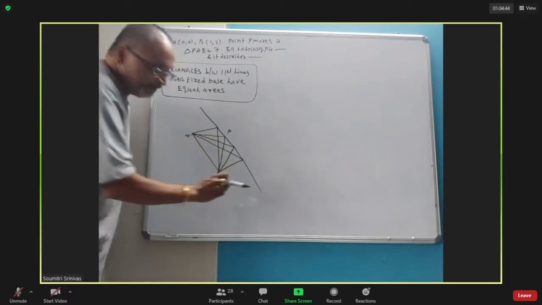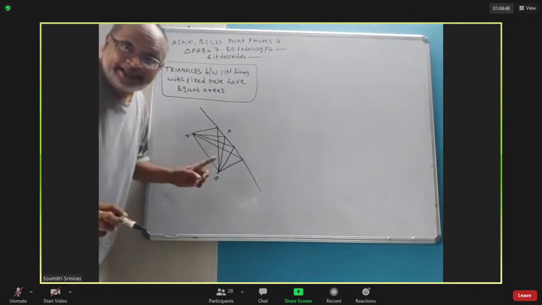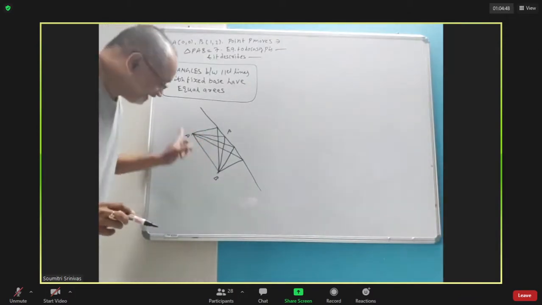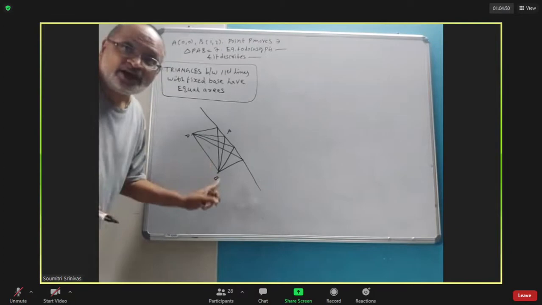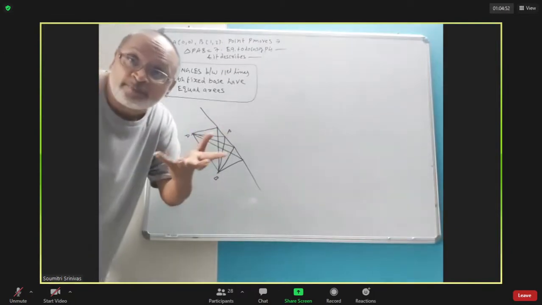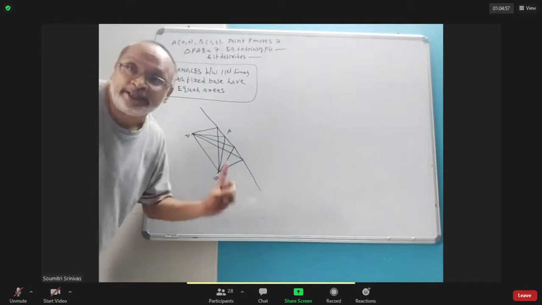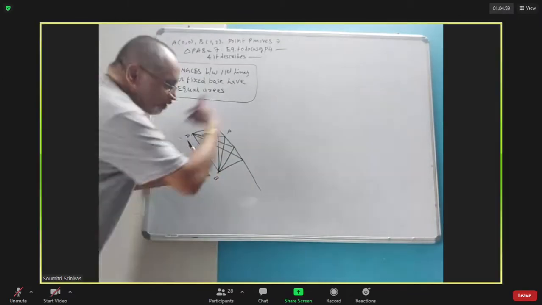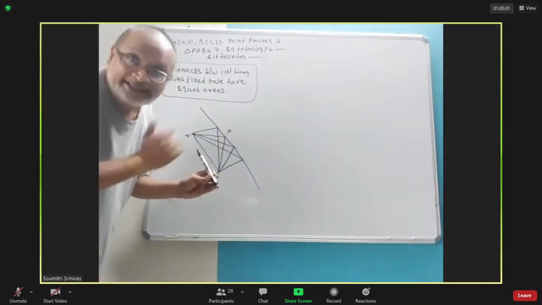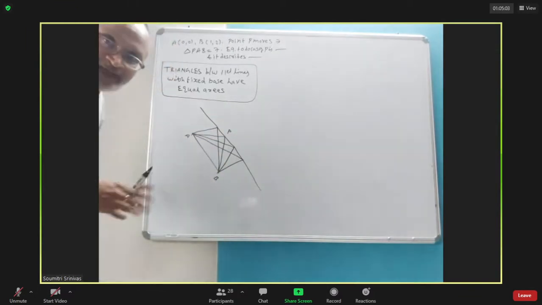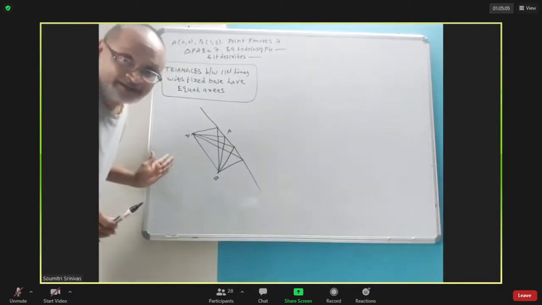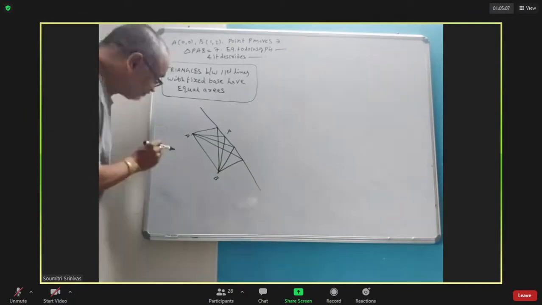What do you obtain? A line. How is this line? Speak out. Parallel to AB. It is happening on one side. What did this poor side do wrong? It can happen on the other side also.